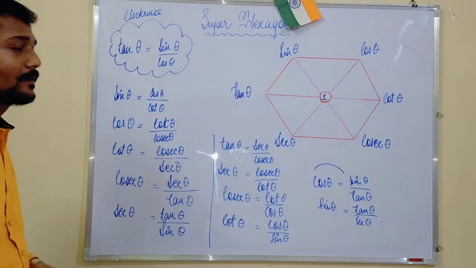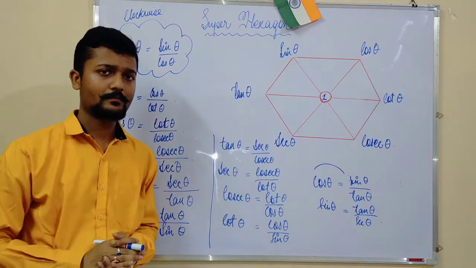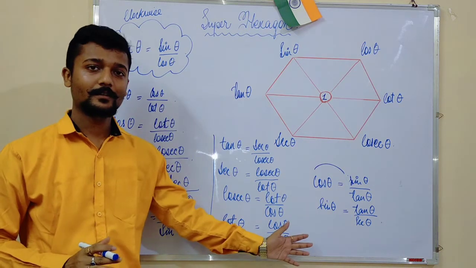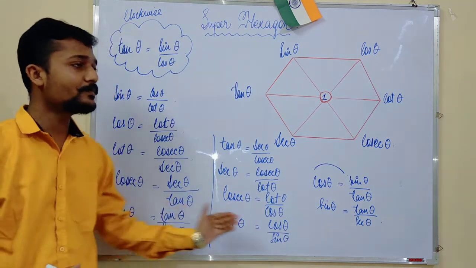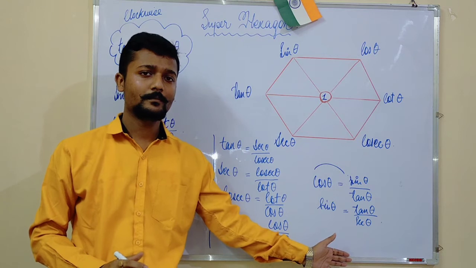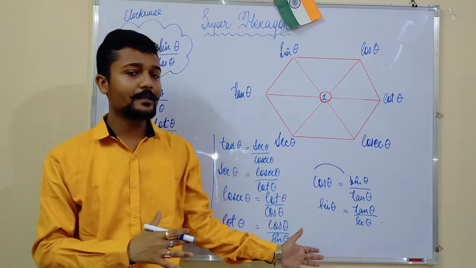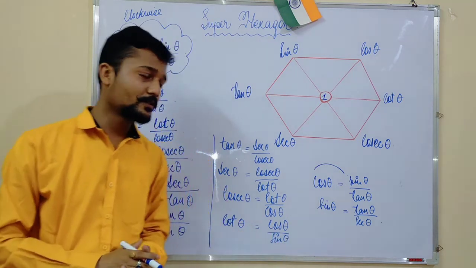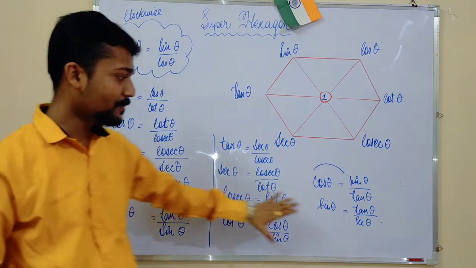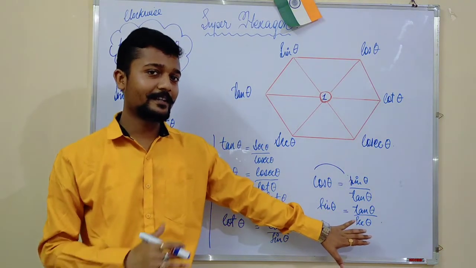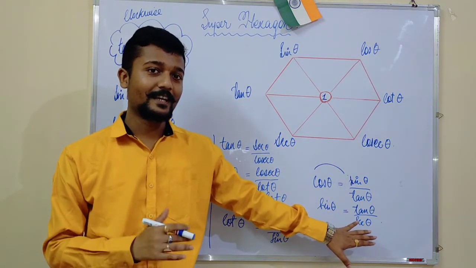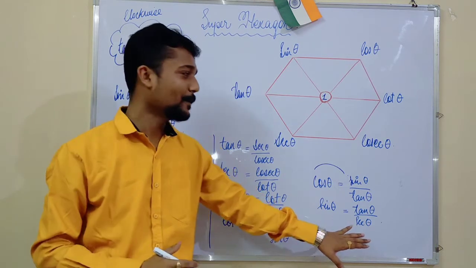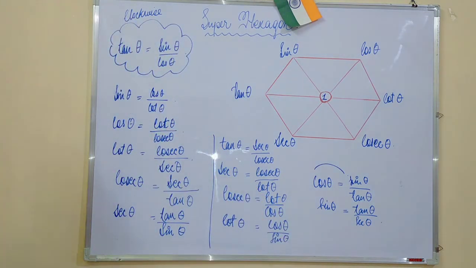Is it over? Only this much? If you have any problem till this much, tell me. I don't think so. After completing this, you might think that it is over, but it is not. There are many more left. So complete till this much first.